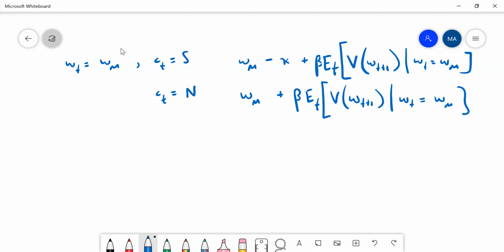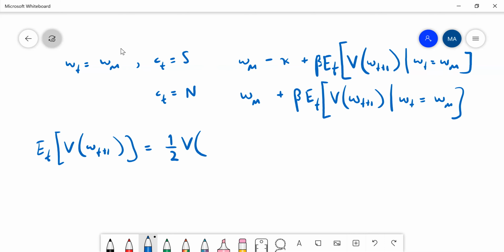Now, how do I proceed? Well, I have this, right? So I have W_M minus kappa plus. Now be careful. I'm looking at actually this. So this expectation is like 1/2 V(W_L), right?